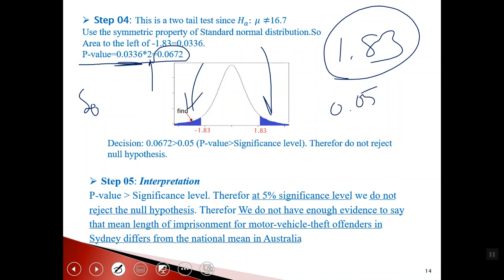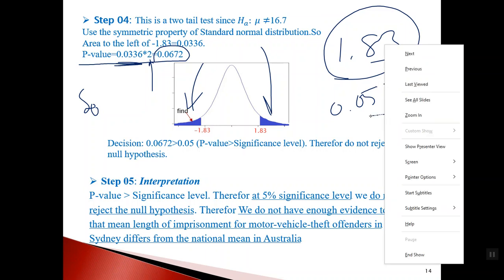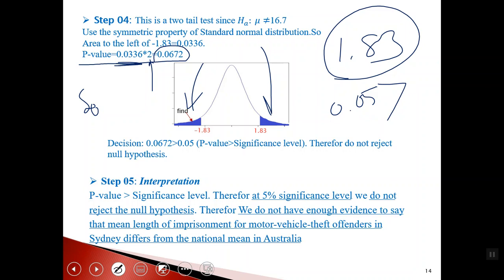This is 0.06, which means your calculated value is greater than your alpha value.